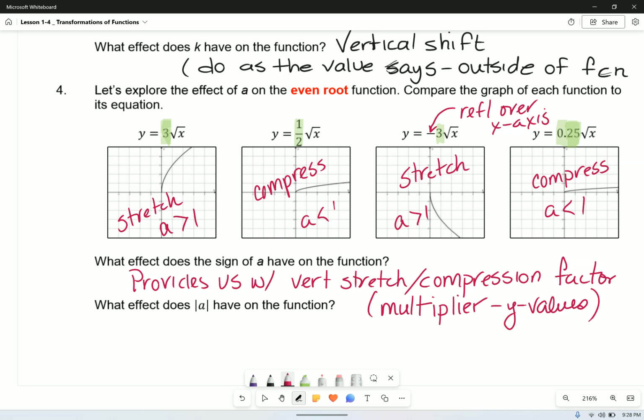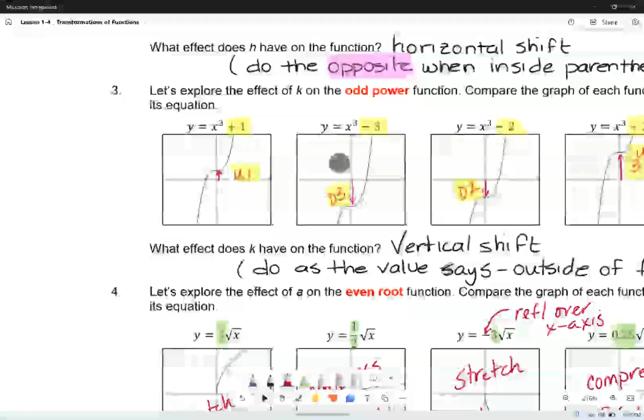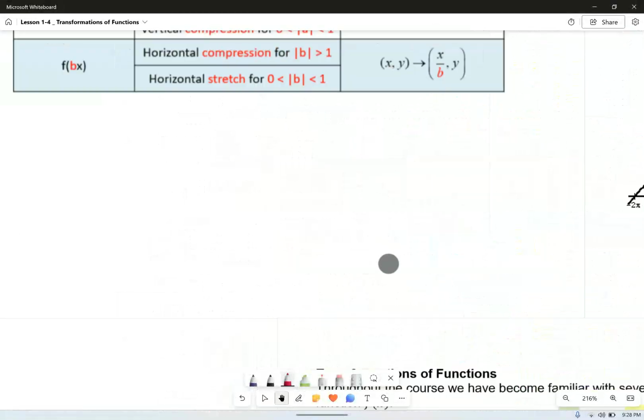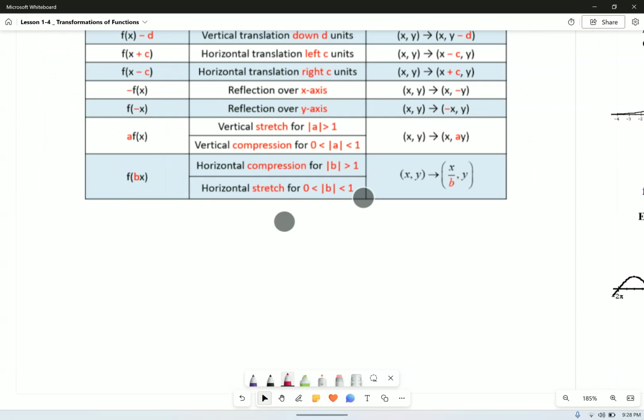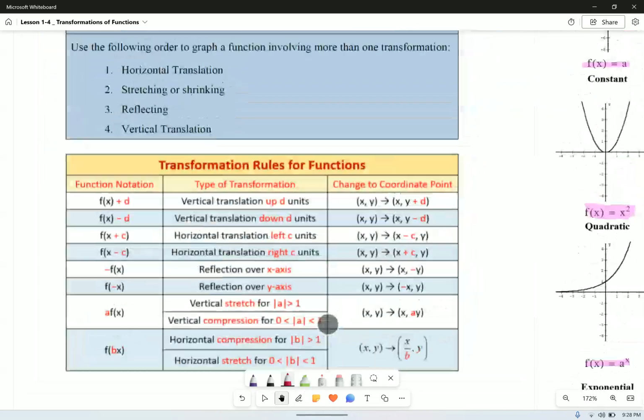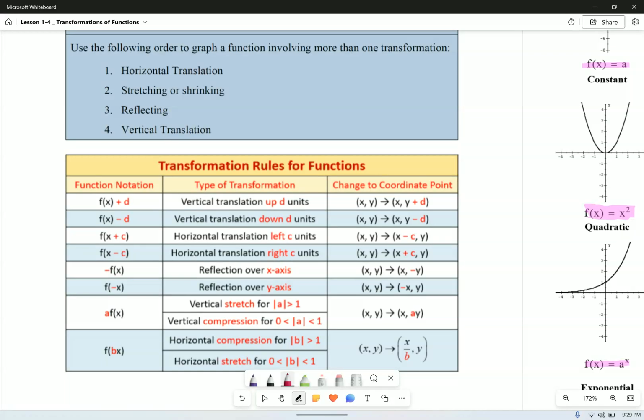All right. So let's look at this reference sheet so that we can dive in and go practice some problems. So the reference sheet here is going to help you as you glance over at it, practicing the graphing. Please remember that with graphing transformed graphs, you must follow the order. Okay, order does matter.